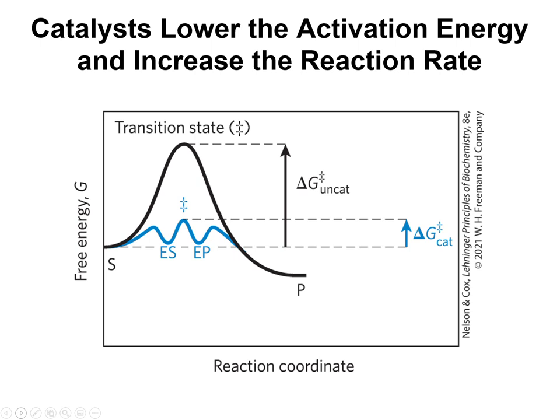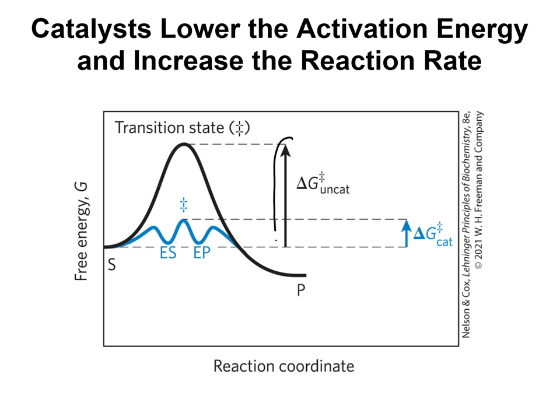What enzymes do, in all catalysts, is that they lower the activation energy and increase the reaction rate. So if our traditional reaction on the benchtop with no enzymes, no catalyst whatsoever, if that energy is really big, right?